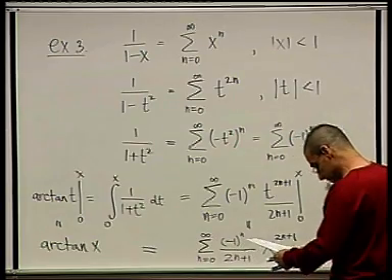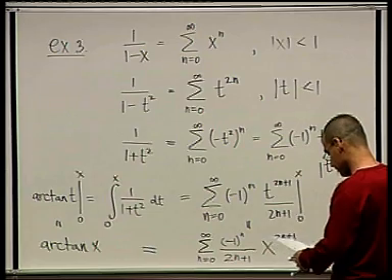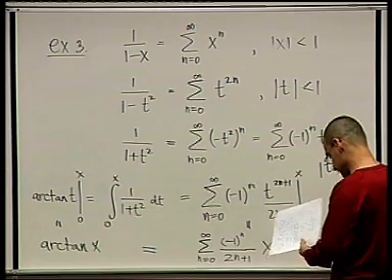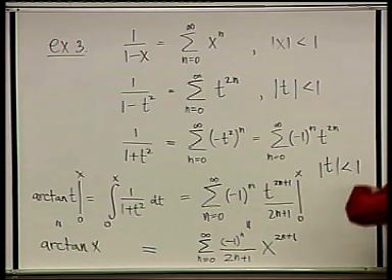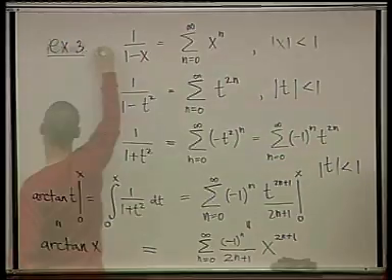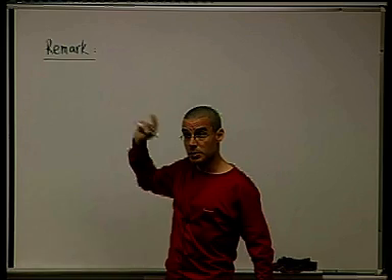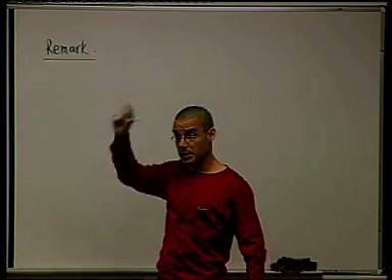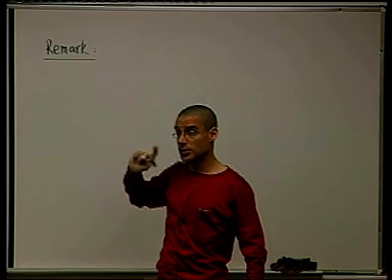Okay? Just a small remark here. The original series we started with was the geometric series, 1 over 1 minus x, which converges only for absolute value of x less than 1.